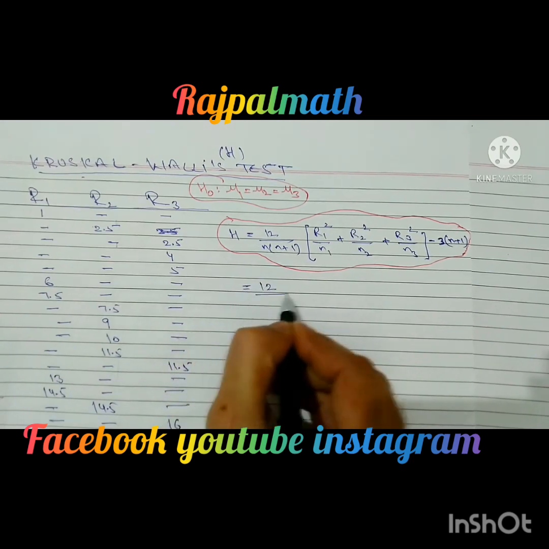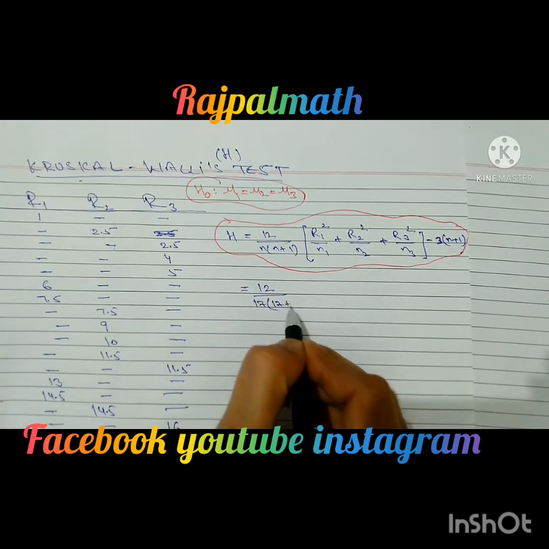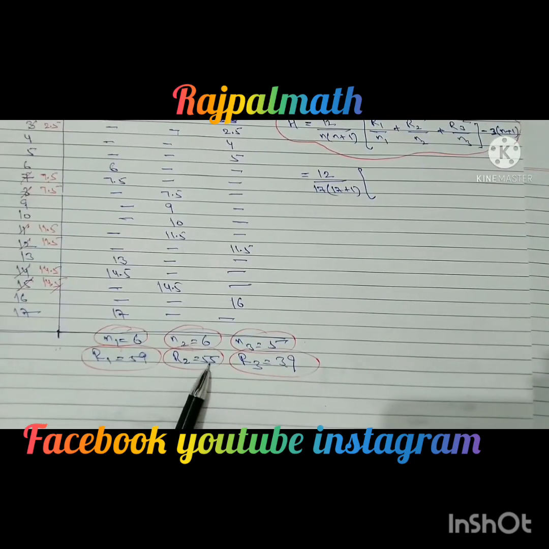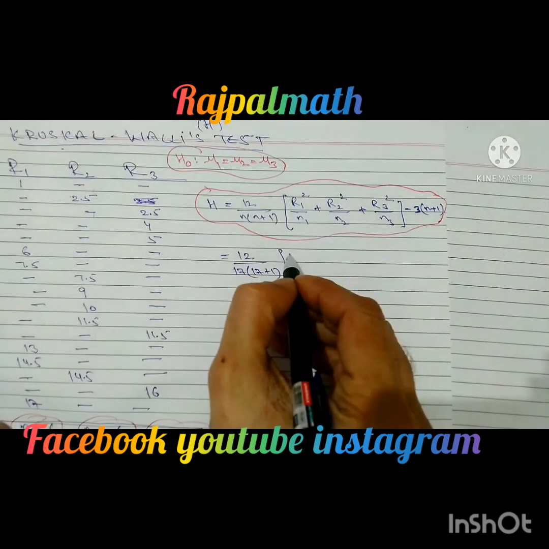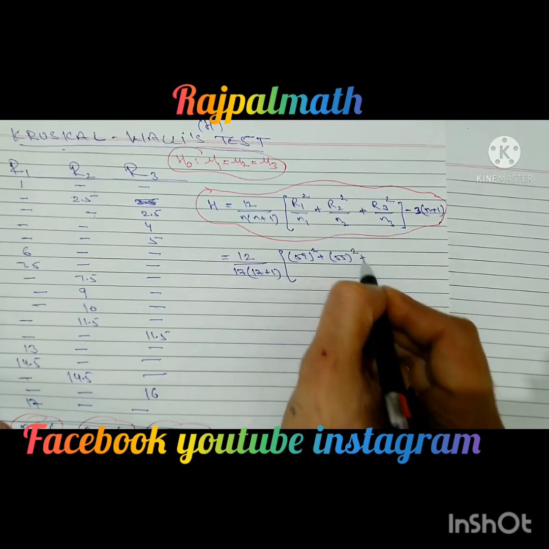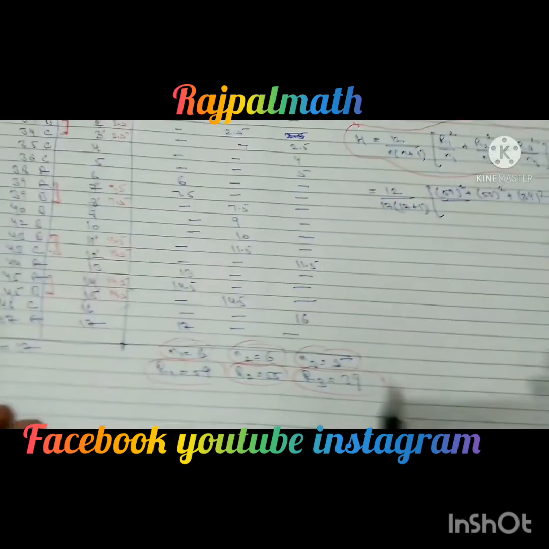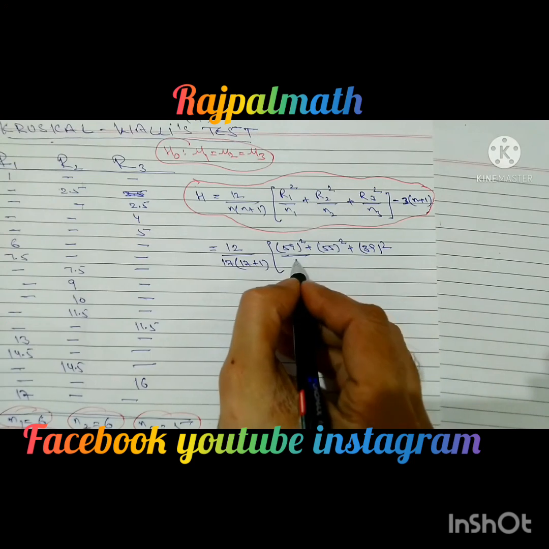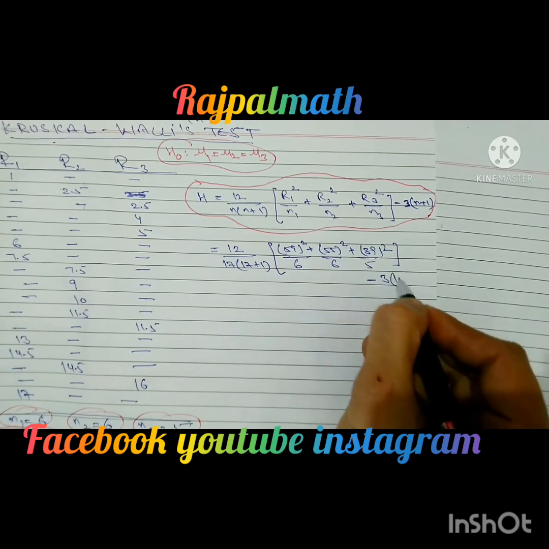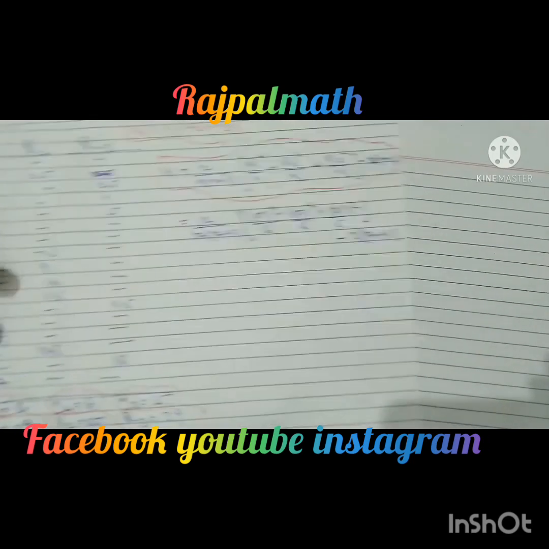This equals 12 by n, where n is 17, the total number of observations, into 17 plus 1, times R1 is 59, R2 is 55 and R3 is 39, with N1 is 6, N2 is 6 and N3 is 5, minus 3 into 17 plus 1.